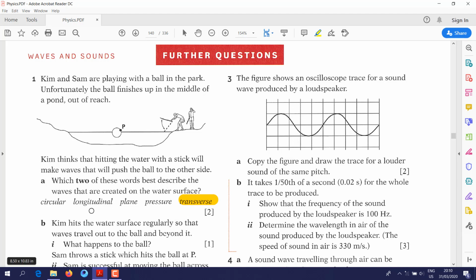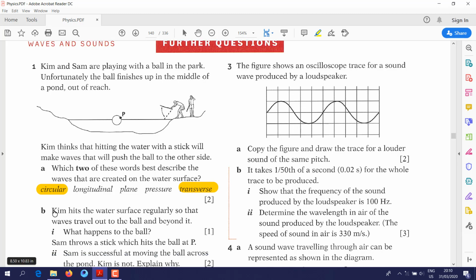Another word that also describes it: the transverse waves, when they form in the water, will form as circles. So circular and transverse are the best two words that describe what will happen when Kim hits the water.